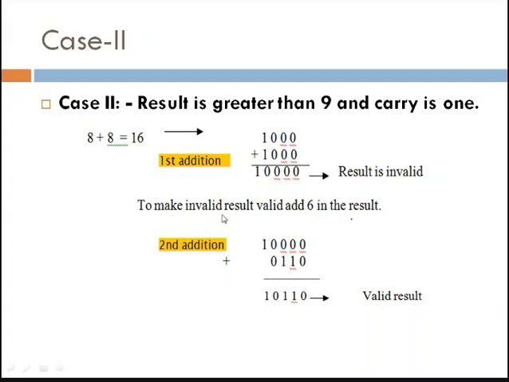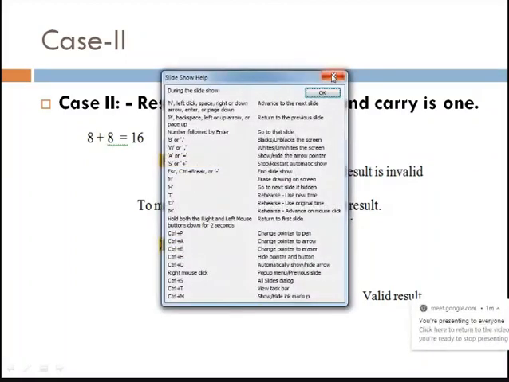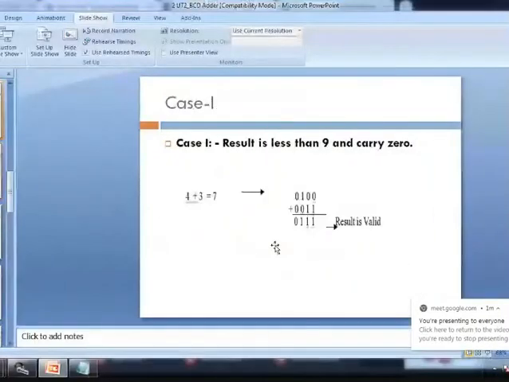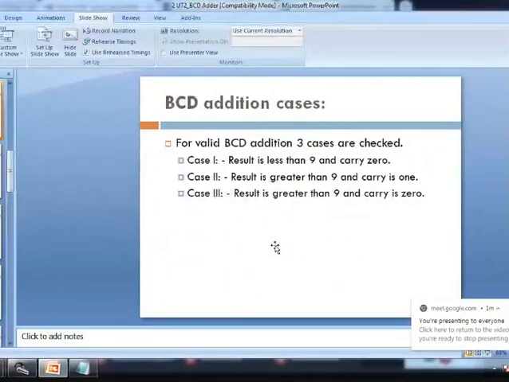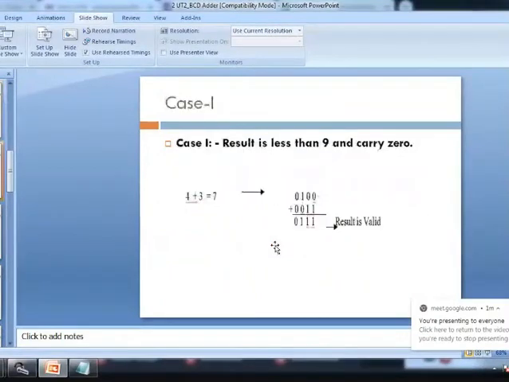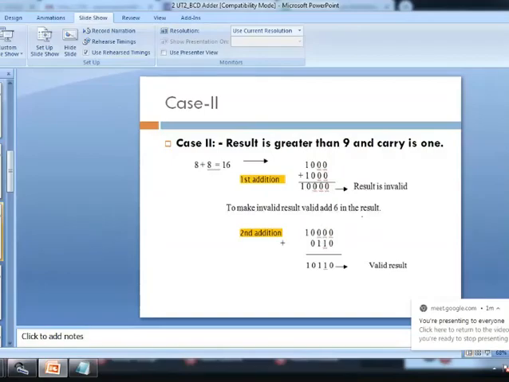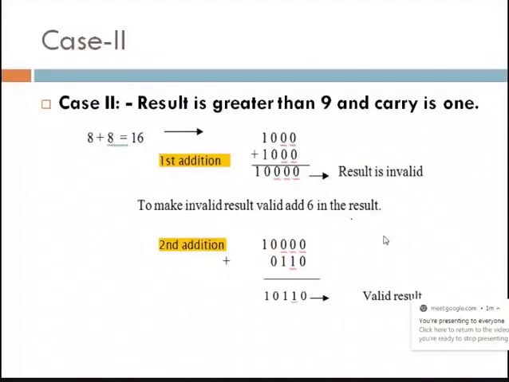To make an invalid result into a valid one, what do we have to consider? You have to add 6 to the result.